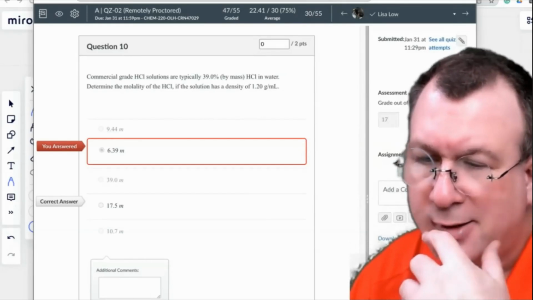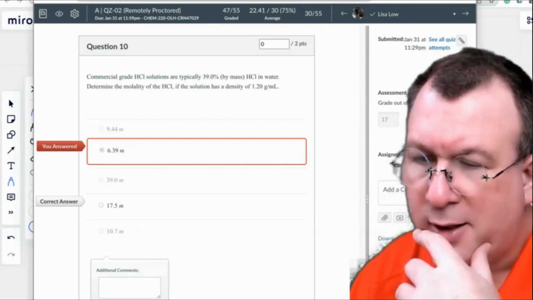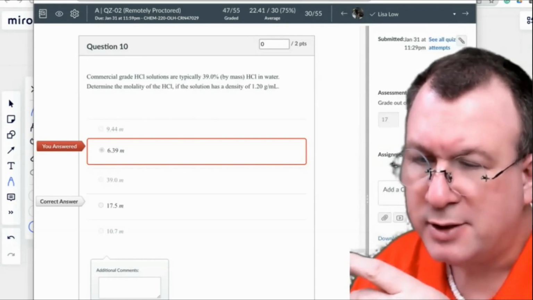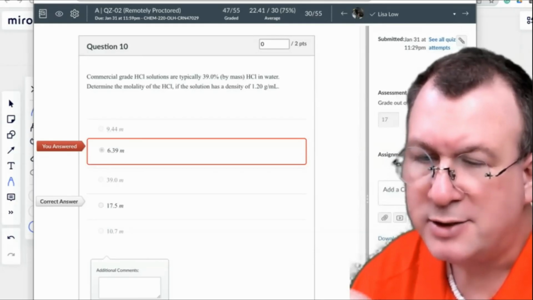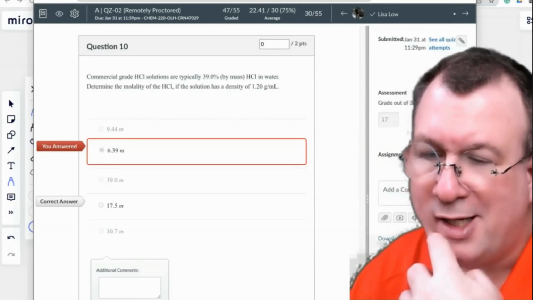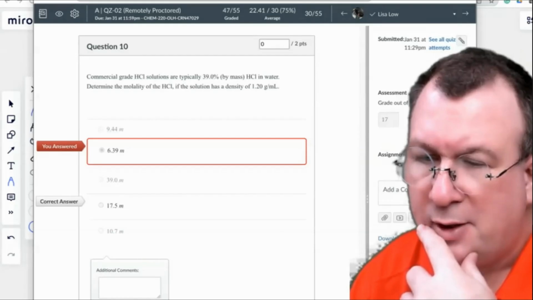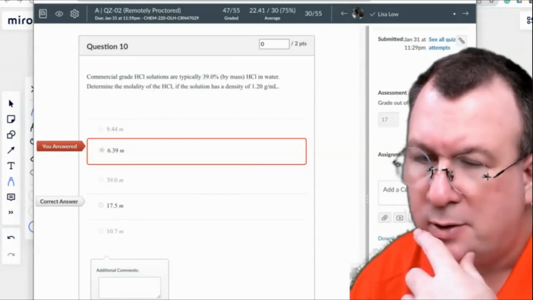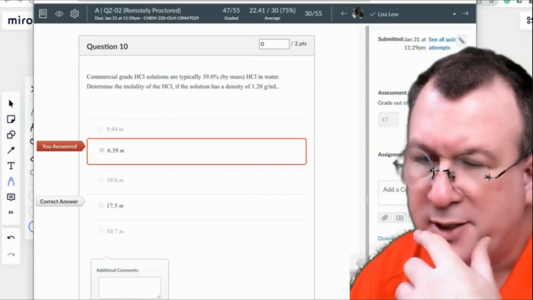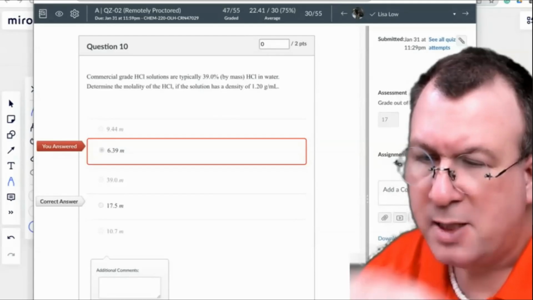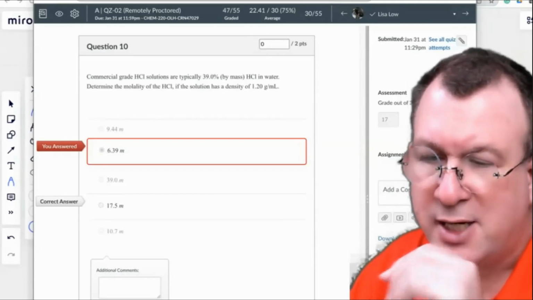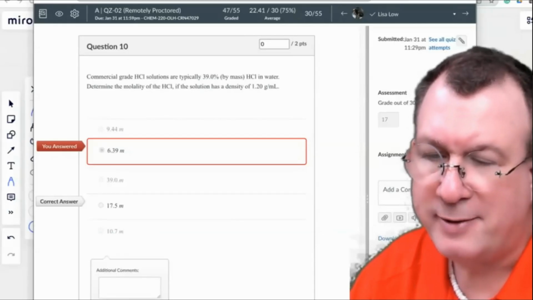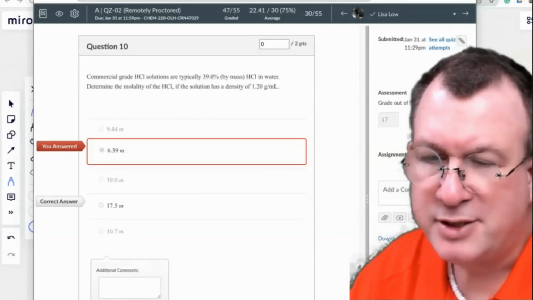Now, let's see. Oh, this is going the other direction. This is going to molality. Oh, this one's easier than the one we did actually. Okay, so if they give you 39%, just assume you have 100 grams of solution.